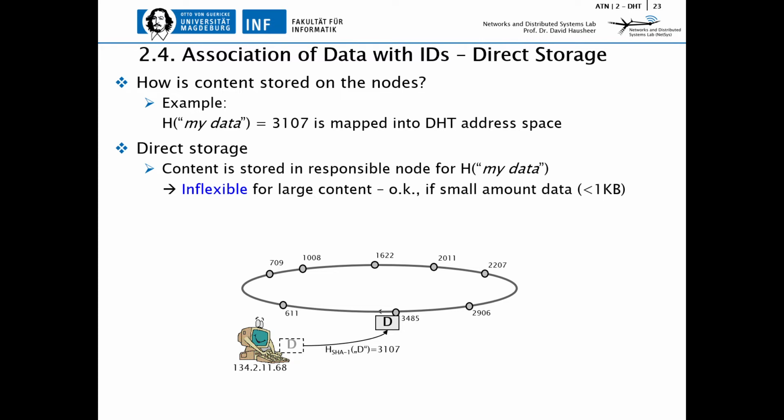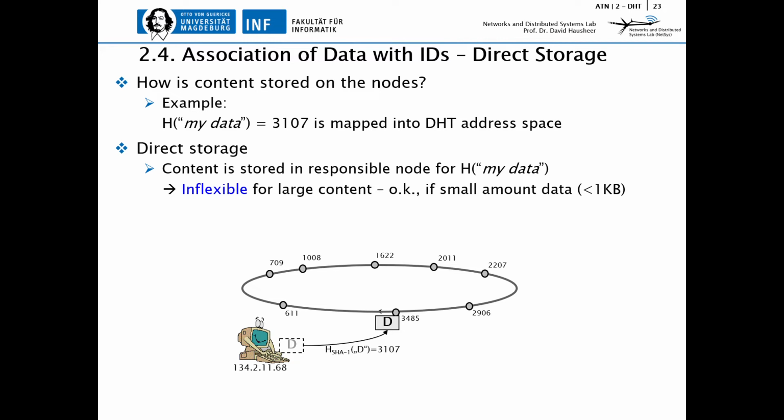So how the content is actually stored is up to the application. The DHT just maps the data that is identified with a particular string, in this case my data, to a number that is then an address in the DHT address space.